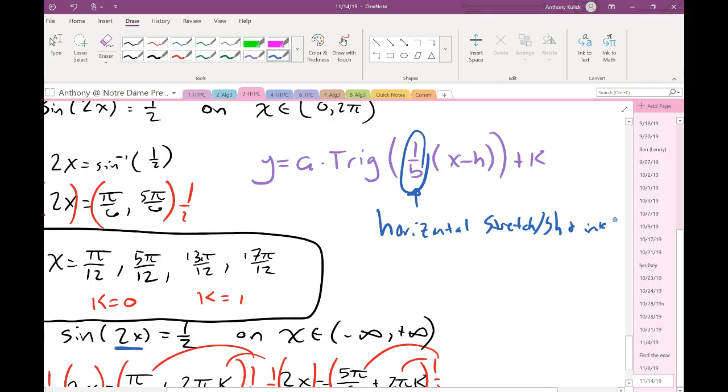It creates a horizontal stretch or shrink. In the case where the coefficient is 2, what we've done is for sine, we took the fundamental period of sine, and we cut it in half. Yeah, I did a poor job on that.